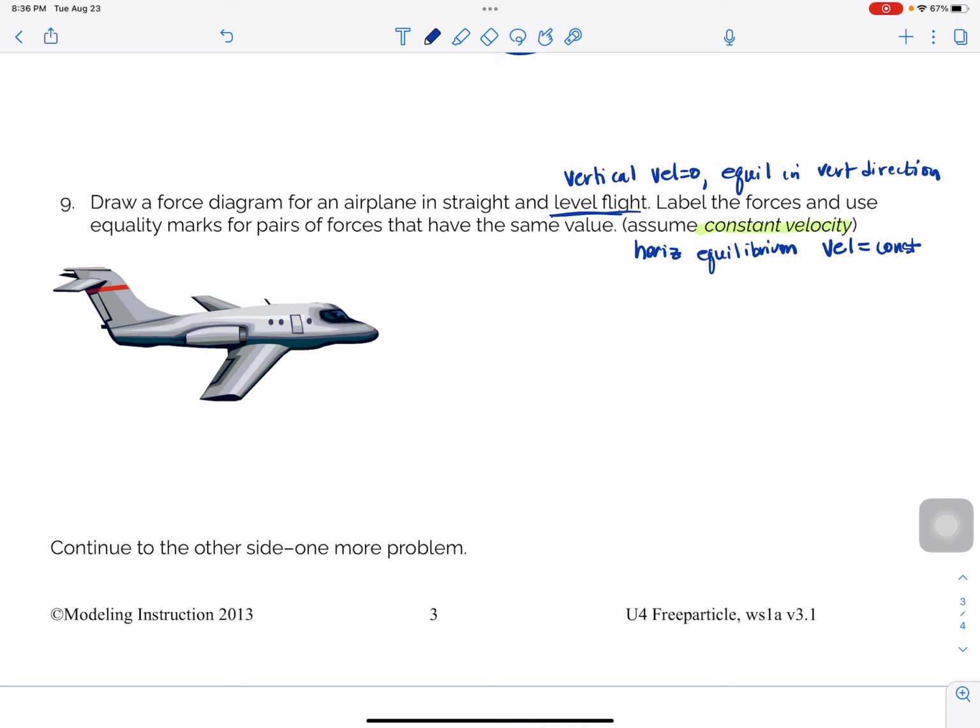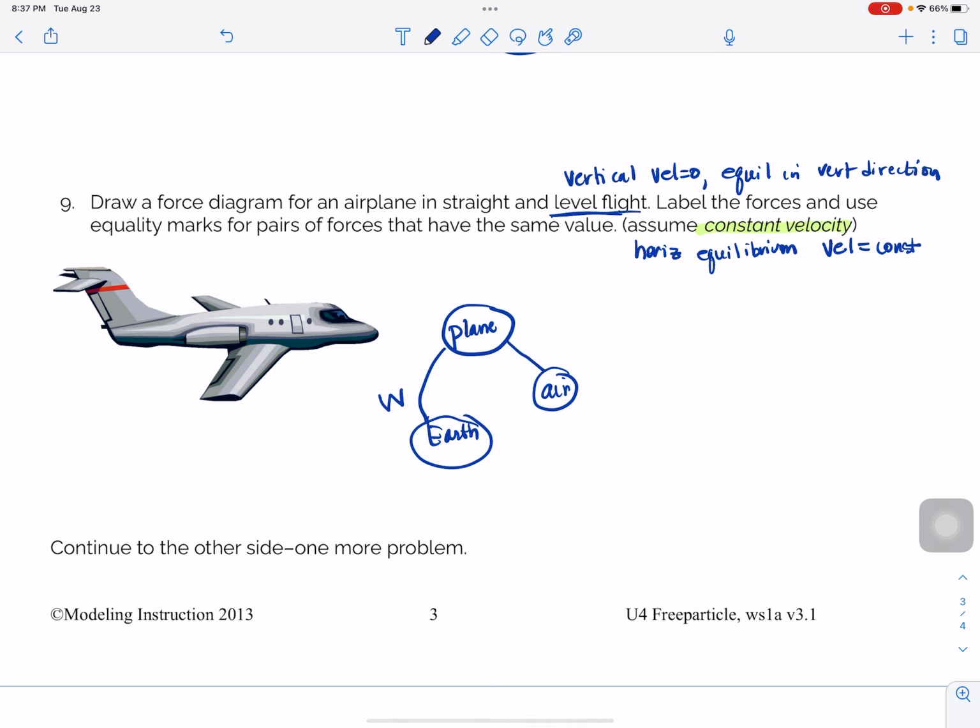So let's do a schema. So we've got the plane. We've got the Earth. And the only other thing working on this is the air. So plane and Earth, we have weight. And you may remember from physical science that the plane actually has 3 interactions with the air.